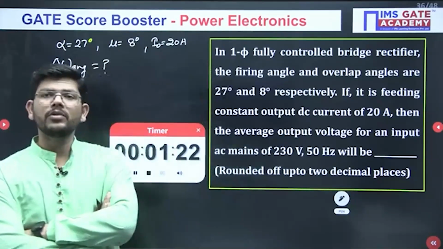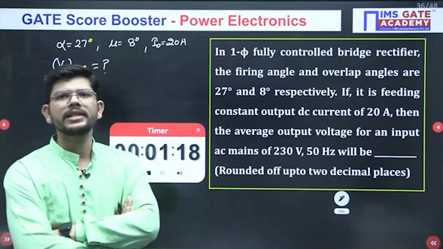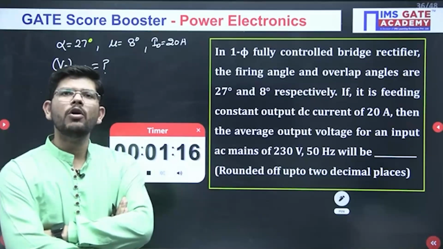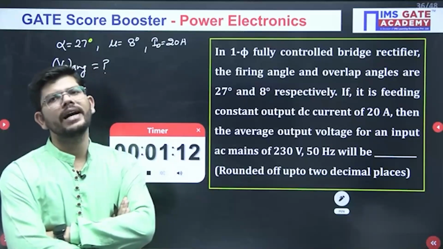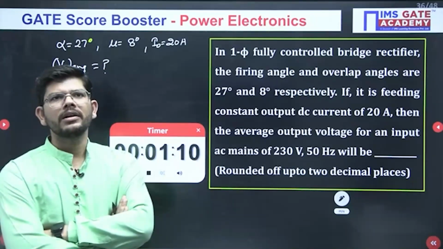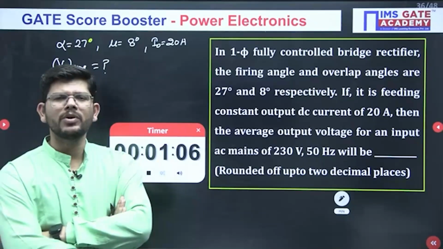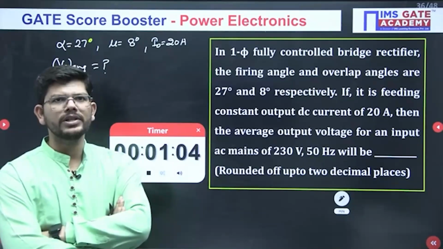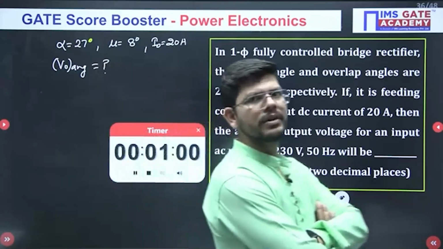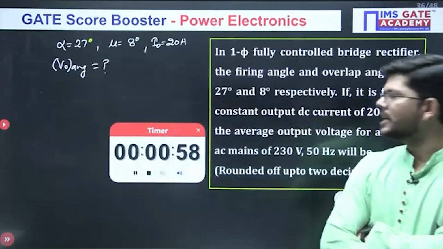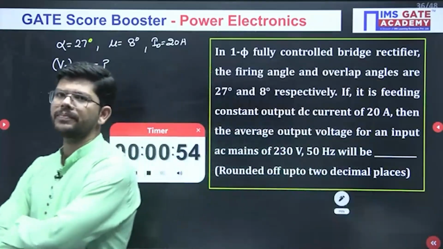And there are a lot of calculations involved. If you get a problem related to source inductance in the exam, I will always recommend you to attempt that particular question at the very end, as per the time you are left with in the exam, because they involve a lot of calculations. They will definitely take you 3 minutes, and can even consume more. So always attempt questions related to source inductance at the end of the exam.